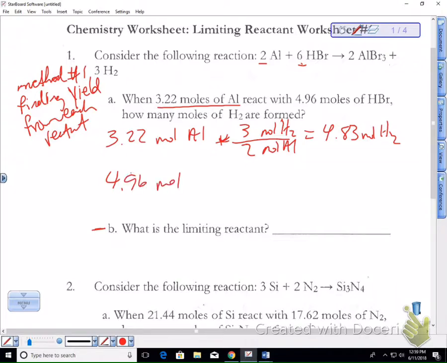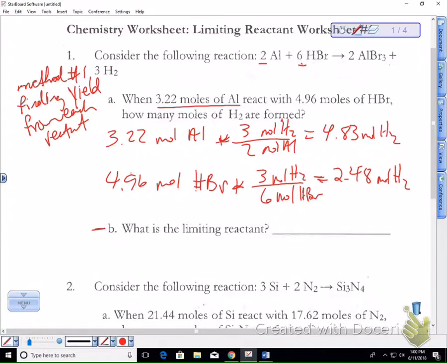All right, 4.96 moles of HBr. So now I'm going to take my other reactant and figure out how many moles of hydrogen it could make if it were all consumed. And from the balanced equation, that is 3 moles of hydrogen to 6 moles of HBr. And this only gives me 2.48 moles of hydrogen.